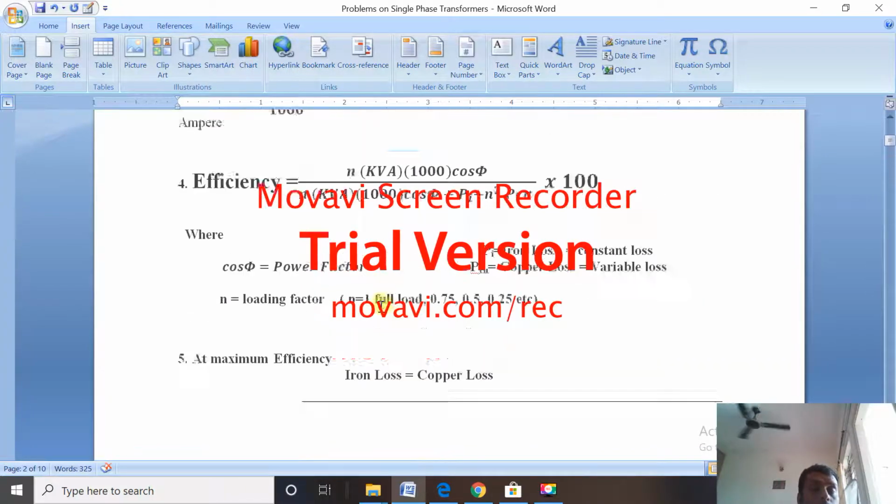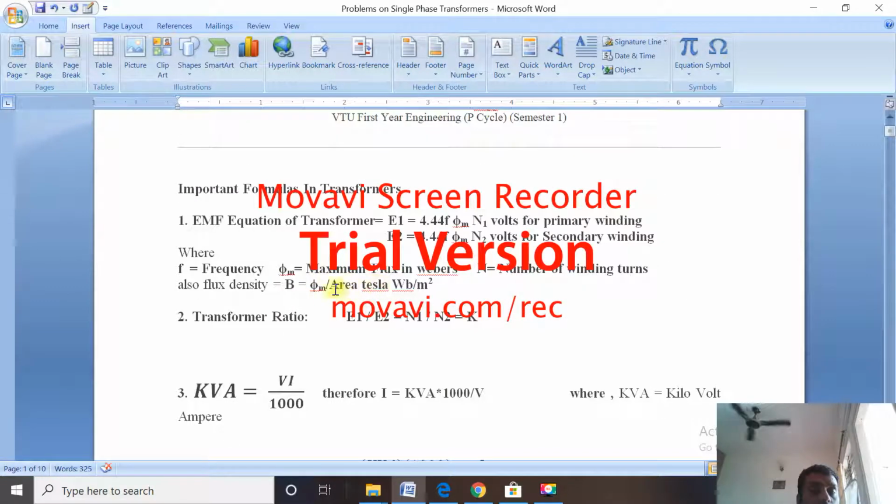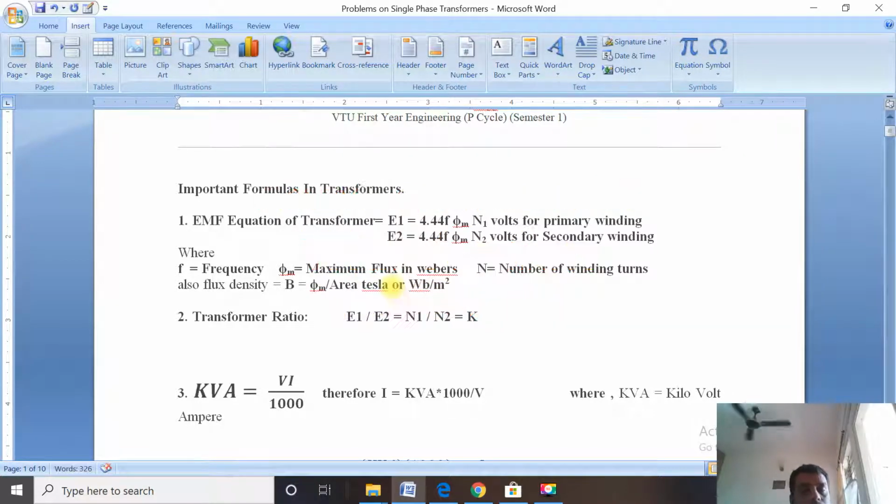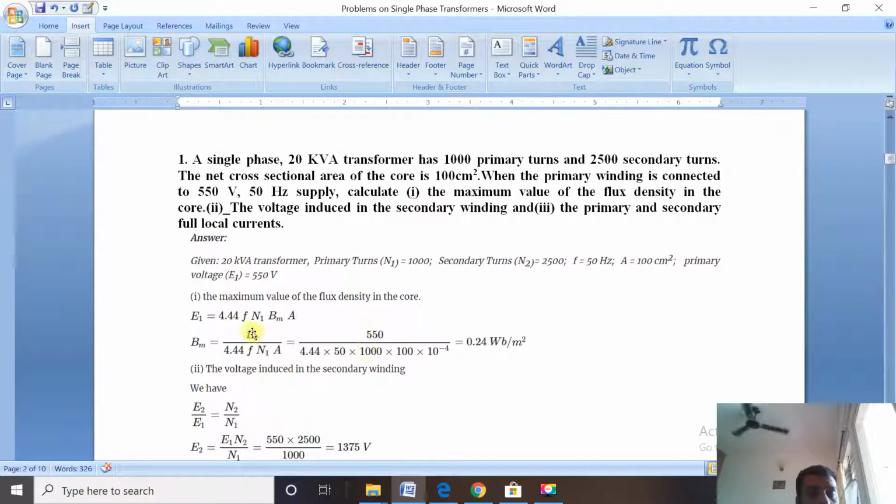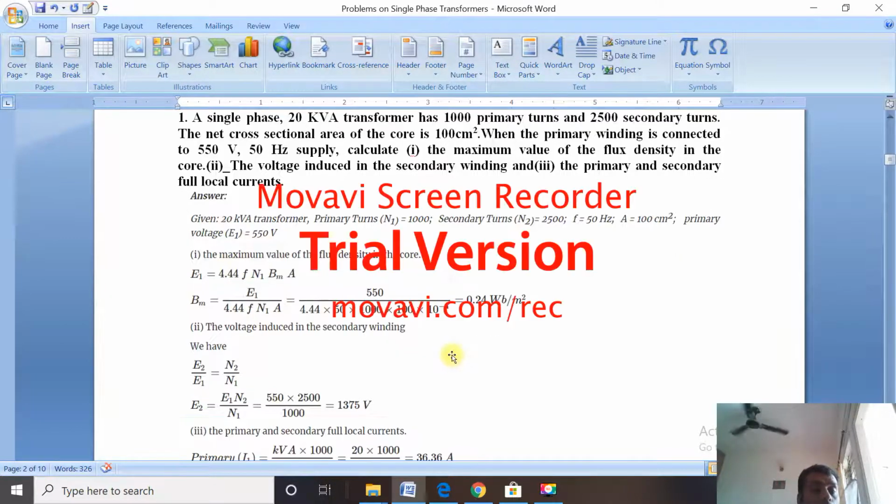The unit of B is Webers per meter square, also called Tesla. So using the EMF induced in the primary winding, I can calculate B_m, the flux density in the core.